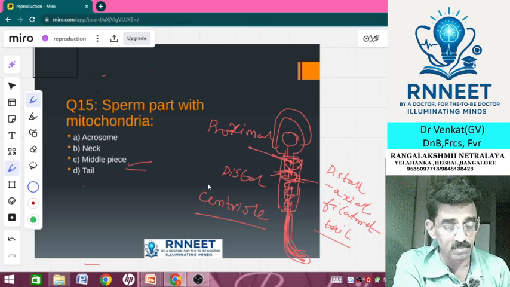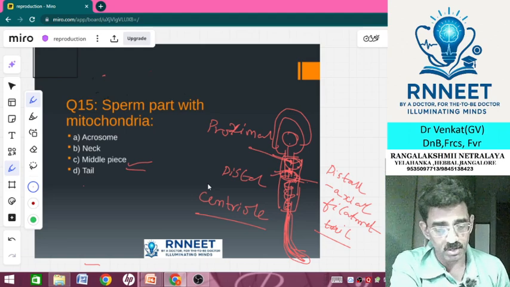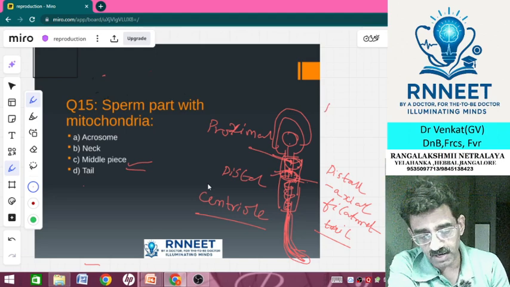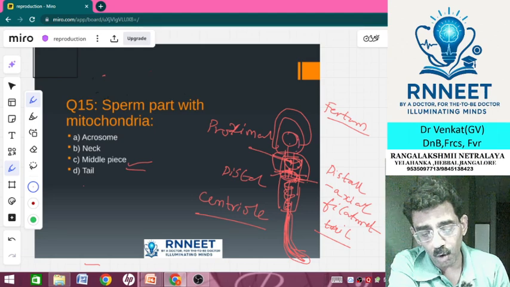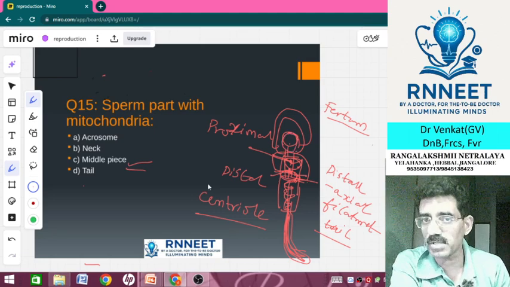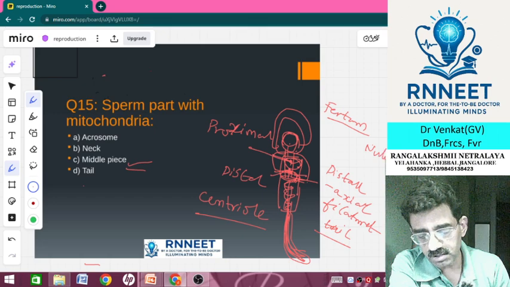When there is fertilization and fusion, this proximal centriole comes in along with the nucleus. The sperm head opens and the nucleus enters the ovum.